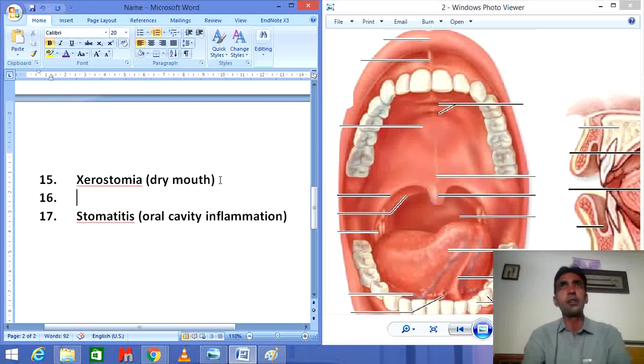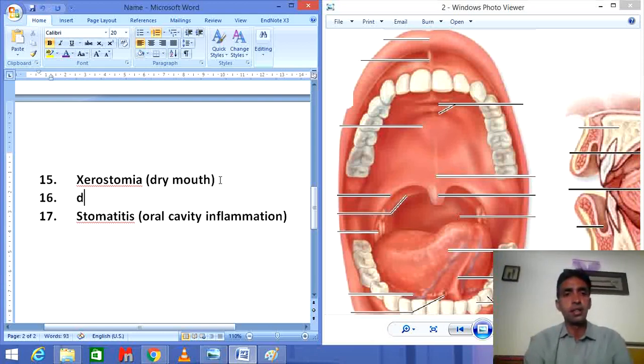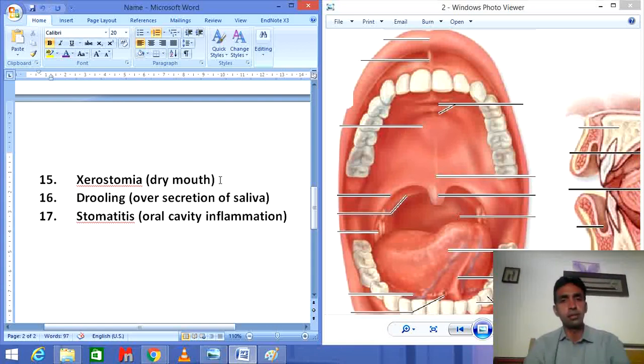And then there is overproduction of saliva. Sometimes saliva is produced in a very large amount, and that leads to saliva flowing outside the oral cavity. That is called drooling. This is the overproduction of secretion of saliva by the salivary glands.